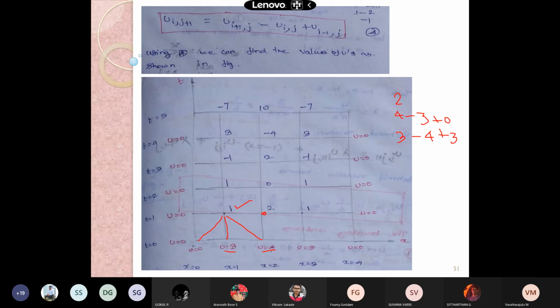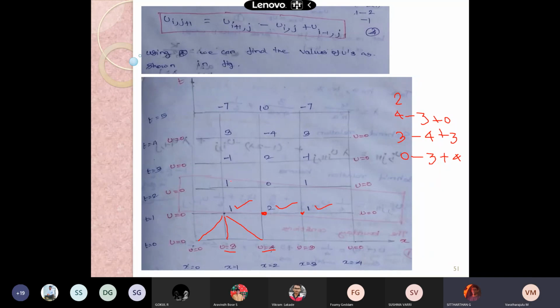This point. 3 minus 4. Then 6 minus 4, you are getting 2, right? Then Siddharthan, how can this point be calculated? 0 minus 3 plus 4. 4. Very good.